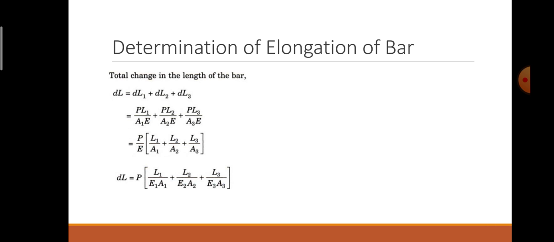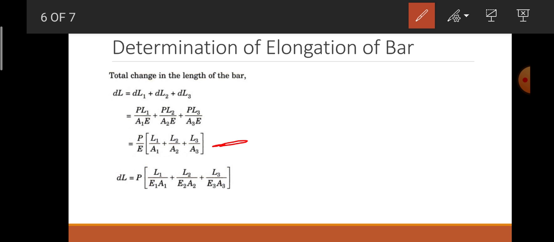This formula, P by E times L1 by A1 plus L2 by A2 plus L3 by A3, holds good when the material is the same throughout. If the material is different, suppose at section 1 we have brass, at section 2 we have copper, and at section 3 we have iron, then the Young's modulus will be different.